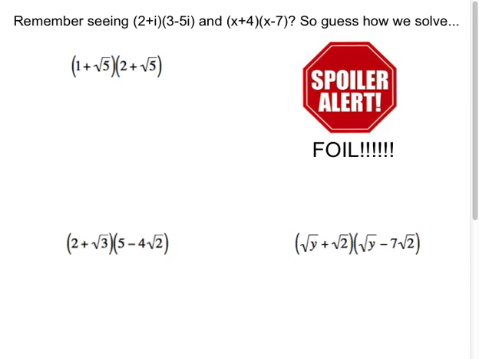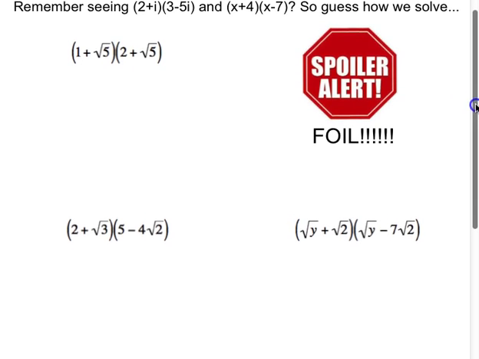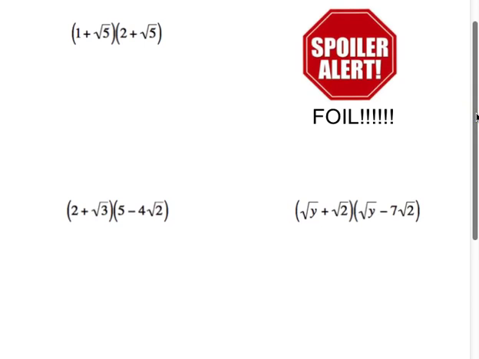And the strategy you end up using, obviously, is FOILing, okay? So let's review how to FOIL these together. Again, this is a strategy used when you're multiplying binomial radical expressions.